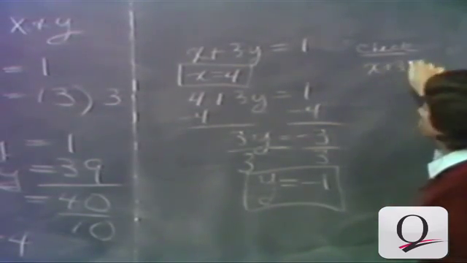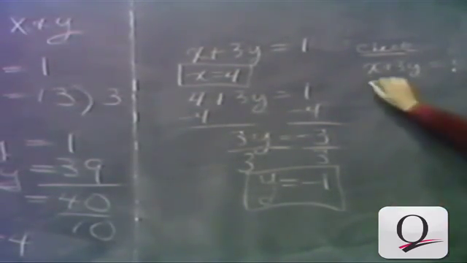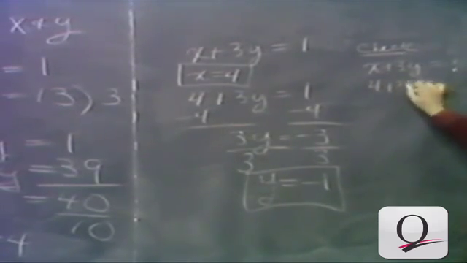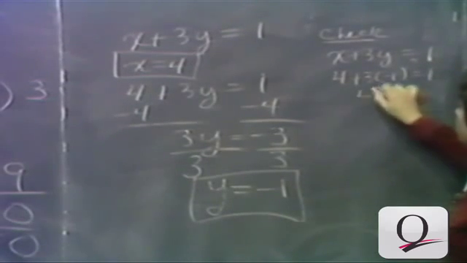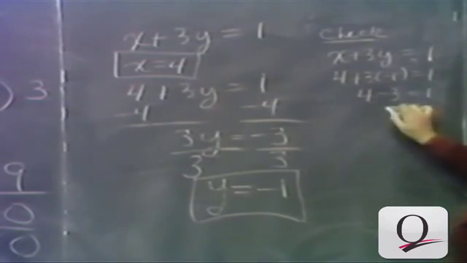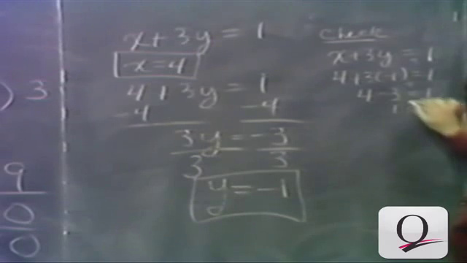But x plus 3y equals 1. 4 plus 3 times minus 1 should be equal to 1, and 4 minus 3 does equal 1.